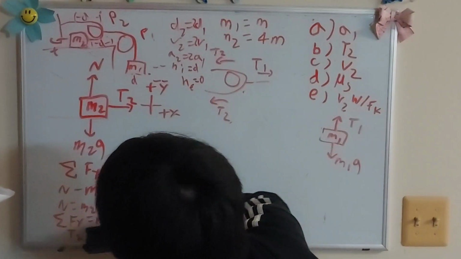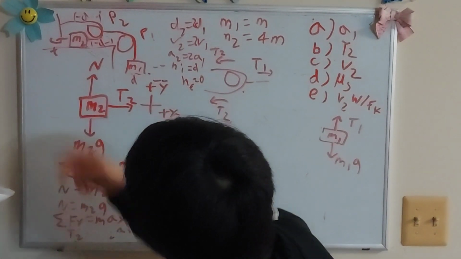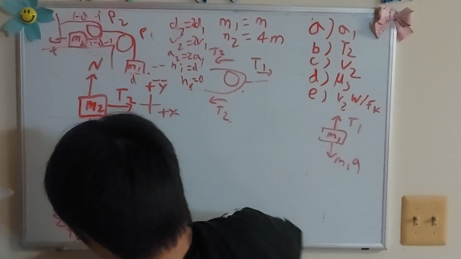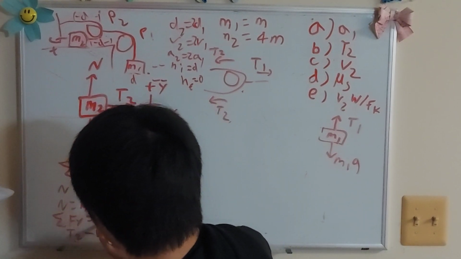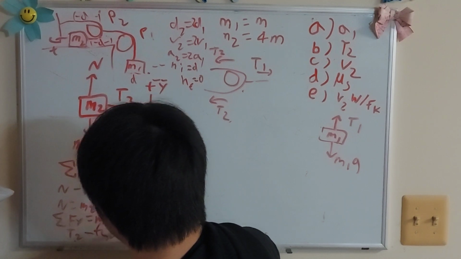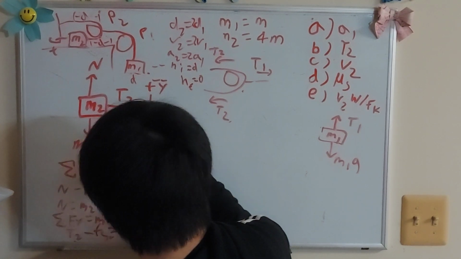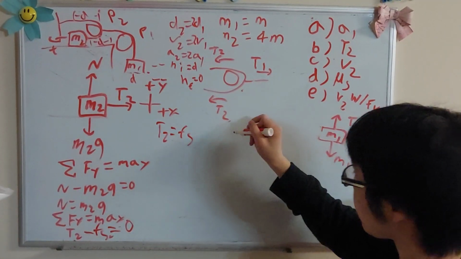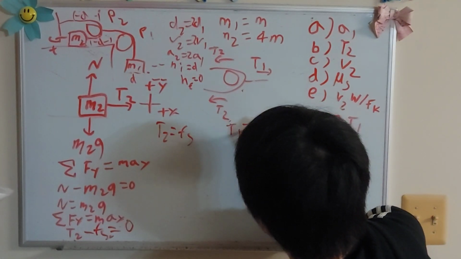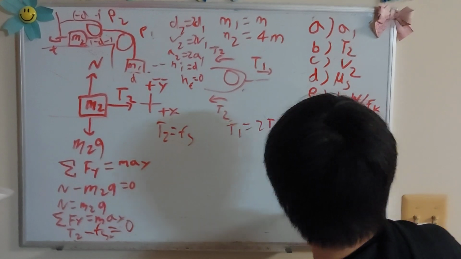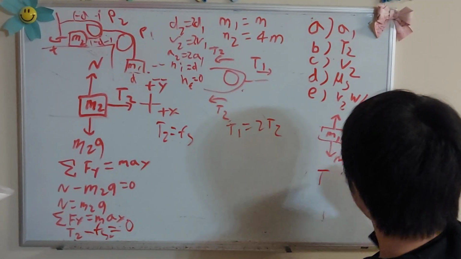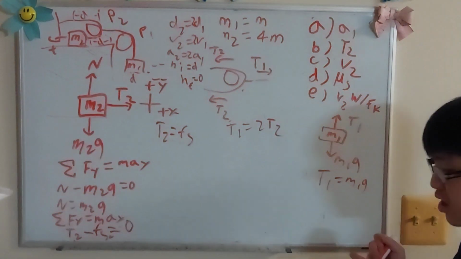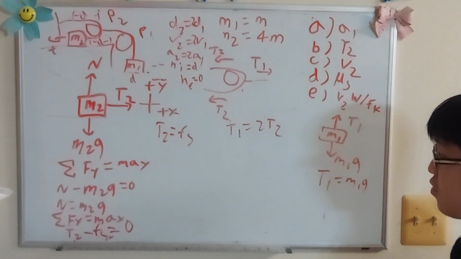For mass 2, a new force is added, friction, as I've written up there. We have that T2 minus force of static friction is equal to 0, or T2 is equal to Fs. Since the sum of these forces ends up being 0 anyway, we still have the same relationship from before. And this time, T1 is equal to m1g because they must cancel each other out to bring us a total force of 0.